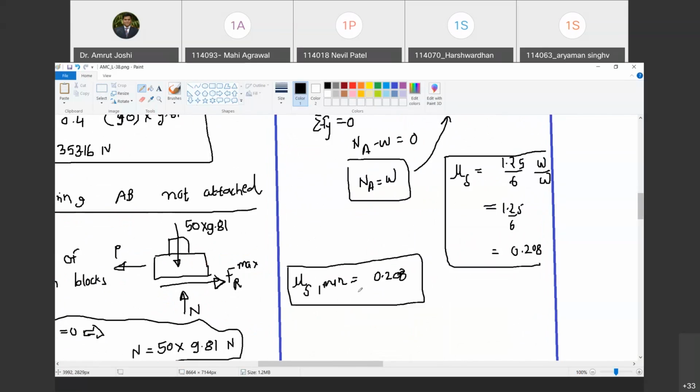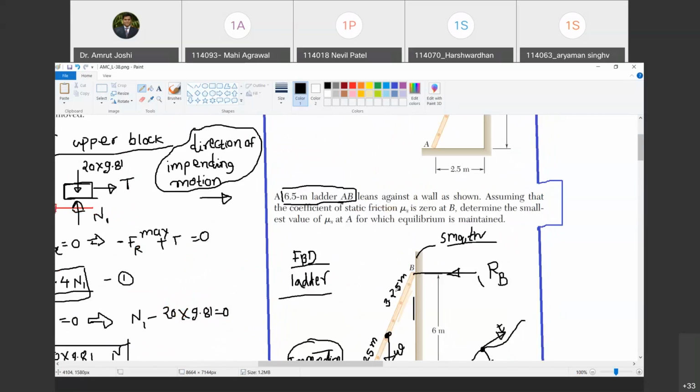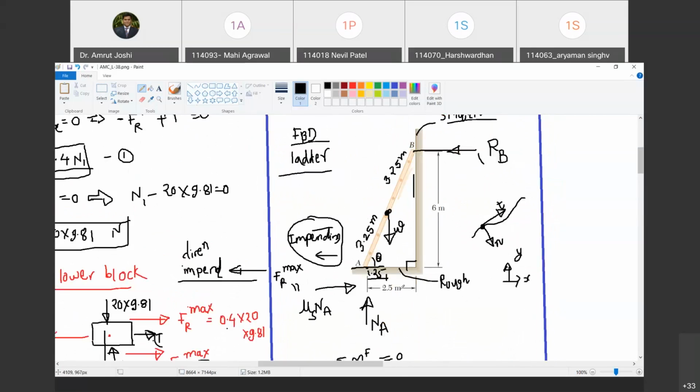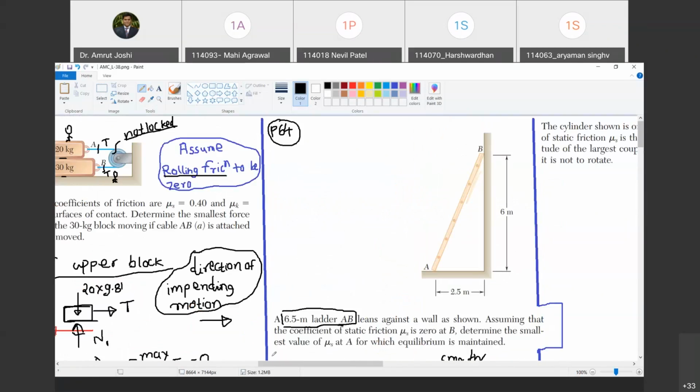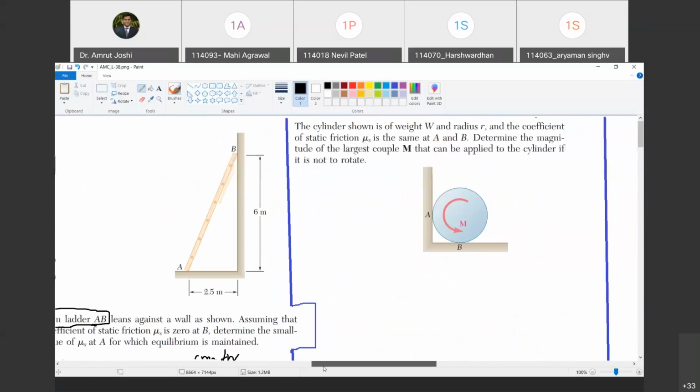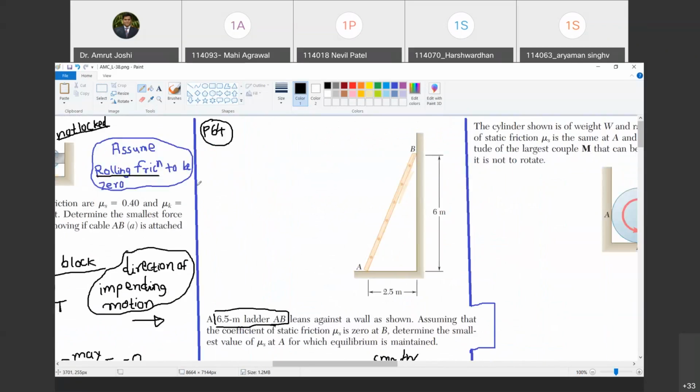And if it is greater than 0.208, then the ladder is not going to slide. It is not under impending motion. Are you with me? Yes, sir. Fairly easy. Say something, please. Yes, sir.